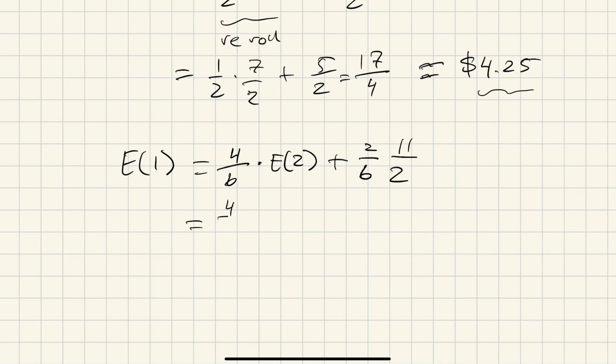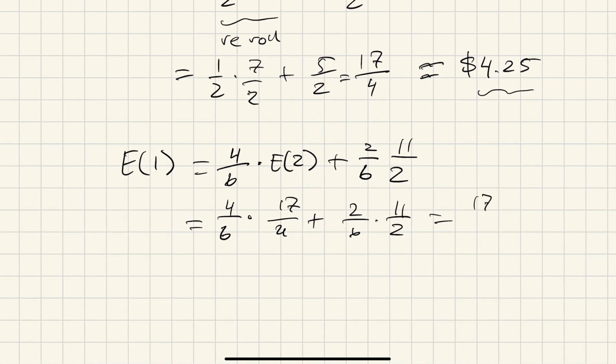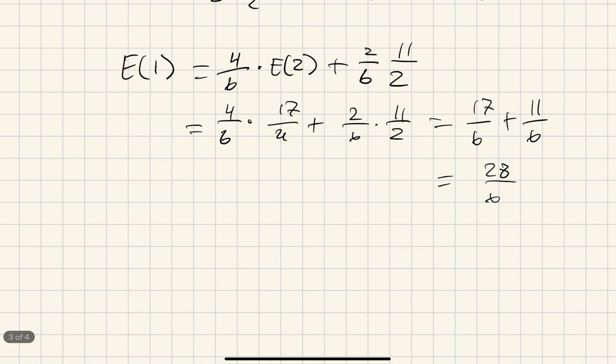So let's see, 4/6 times 17/4 plus 2/6 times 11/2. Well, that simply becomes 17/6 plus 11/6, which is also known as 28/6. So that is 4 2/3 dollars, which is 4.66 repeating.